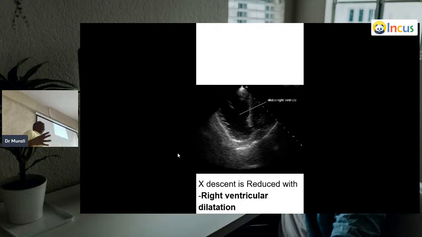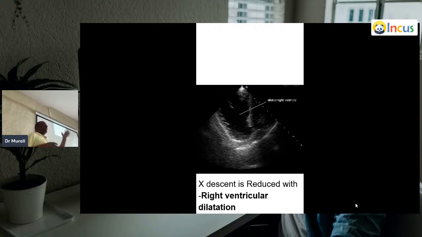Now, in which condition is X descent reduced? Typically, whenever there is any right ventricular dilatation, X descent is reduced. So basically, if there is a right ventricular dilatation, same logic. The atria is not at a very big gradient with ventricle.